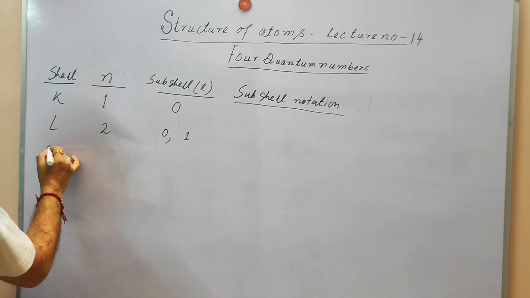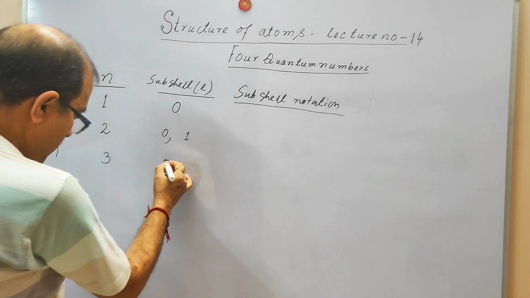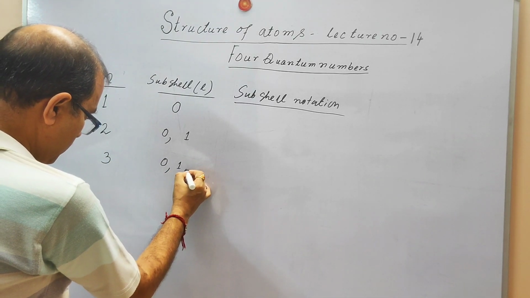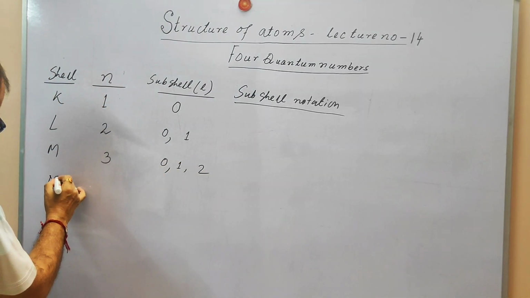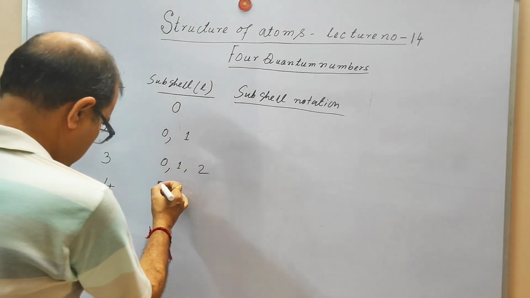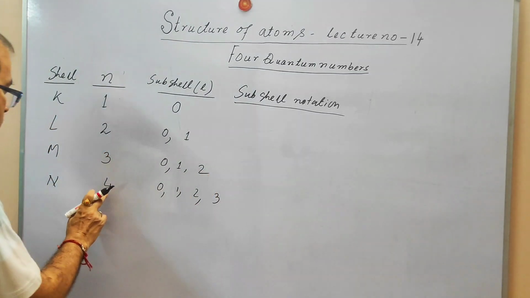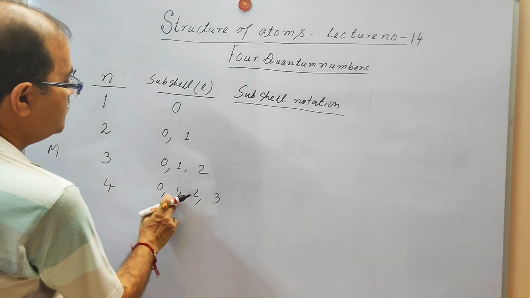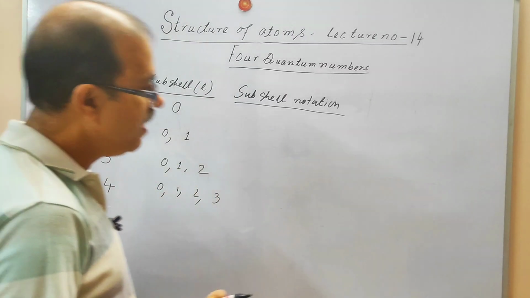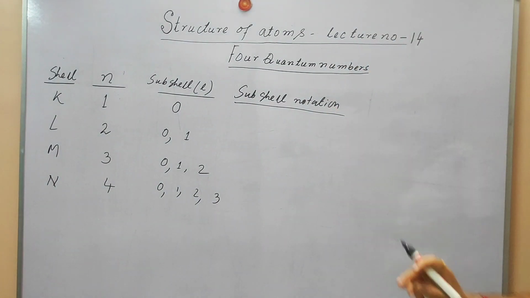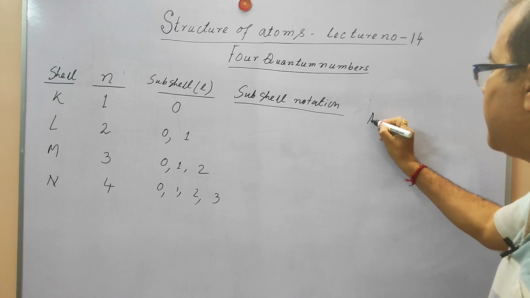When it is M, it will have principal quantum number 3, and it will have these azimuthal quantum numbers. When it is N, n is 4, it has subshells 0, 1, 2 and 3. It has 4 subshells, these azimuthal quantum numbers.